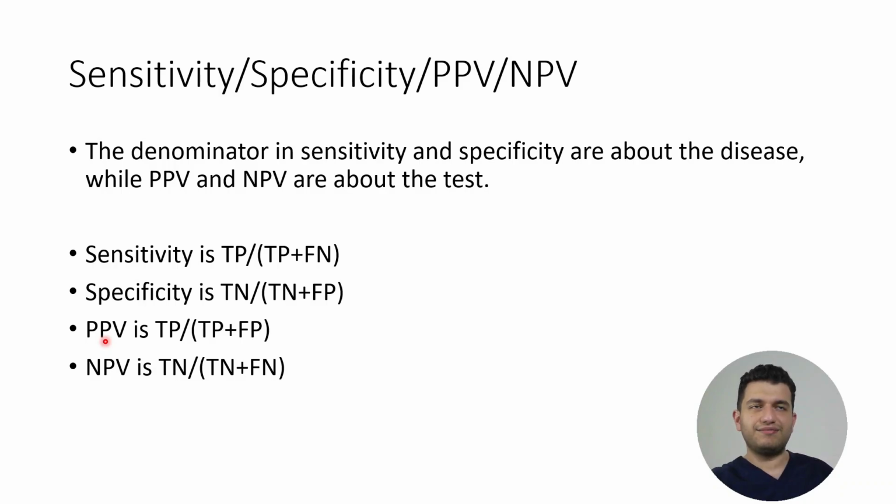Now something else, sensitivity is good to rule out or rule in. They examine this concept, which is really good to understand. It's good to rule out. Why though? Look at the ratio here. It's the true positive. So if the test is positive, I have the disease over every individual with the disease.